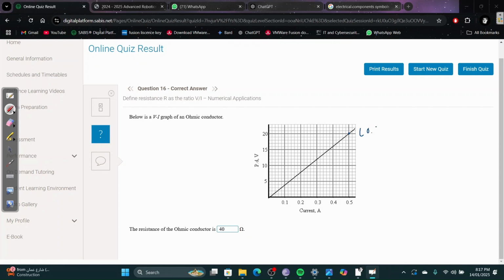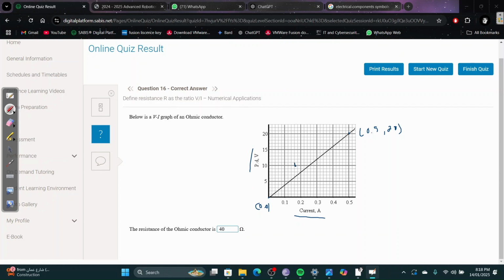We're gonna take 2 points: 0.5 and 20, and we're gonna take the origin since it passes through the origin, 0, 0. Now, you might ask, why am I taking points? In an ohmic conductor, if it obeys Ohm's law, the slope is the resistance, given that on the x-axis you have the current and on the y-axis you have the potential difference or voltage.